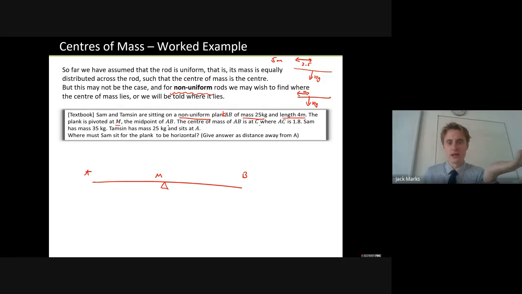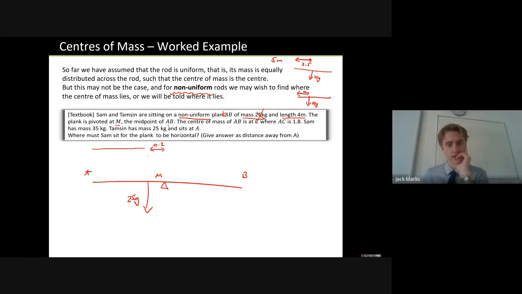The center of mass is at C, and AC, oh, they have actually told us where it is. AC is 1.8. Well, if the whole thing is 4 meters, 1.8 is going to be slightly to the left. So it's going to be there, something like that. So mass 25 kilograms, so that's 25g.